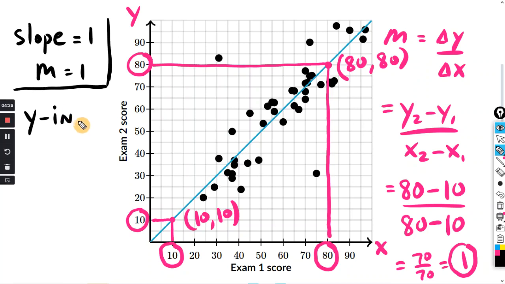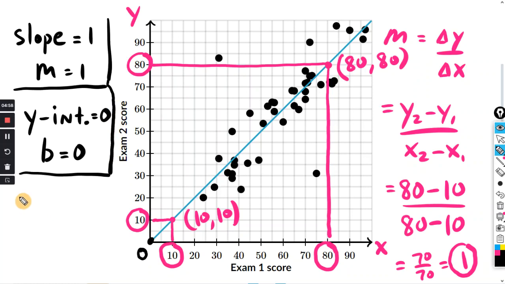For the y-intercept, you go to the y-axis and see where the line crosses the y-axis. If you look at this line here and go to the y-axis right there, this is at 0. So the y-intercept equals 0. In other words, b equals 0.